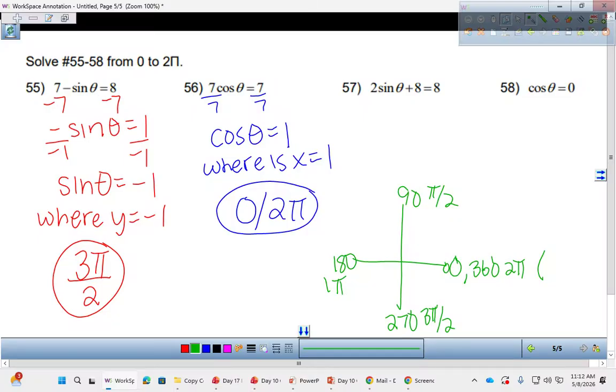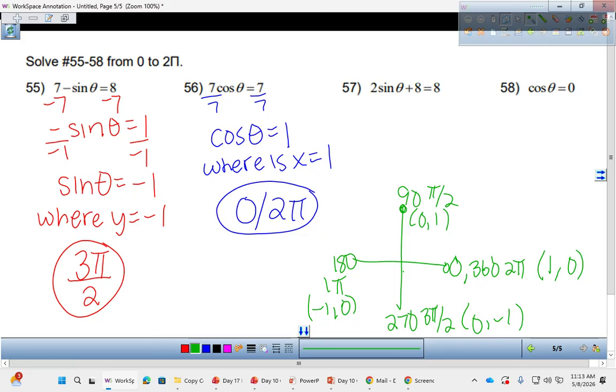Coordinate point here, I'm going over 1 because it's a unit circle, but I'm not going up at all. I'm going up 1, which is a y value, but I'm not going over at all. I'm going left 1, which is -1, but I'm not going up at all. I'm going down 1, which is -1, but I'm not going left or right. So those are your edge points.